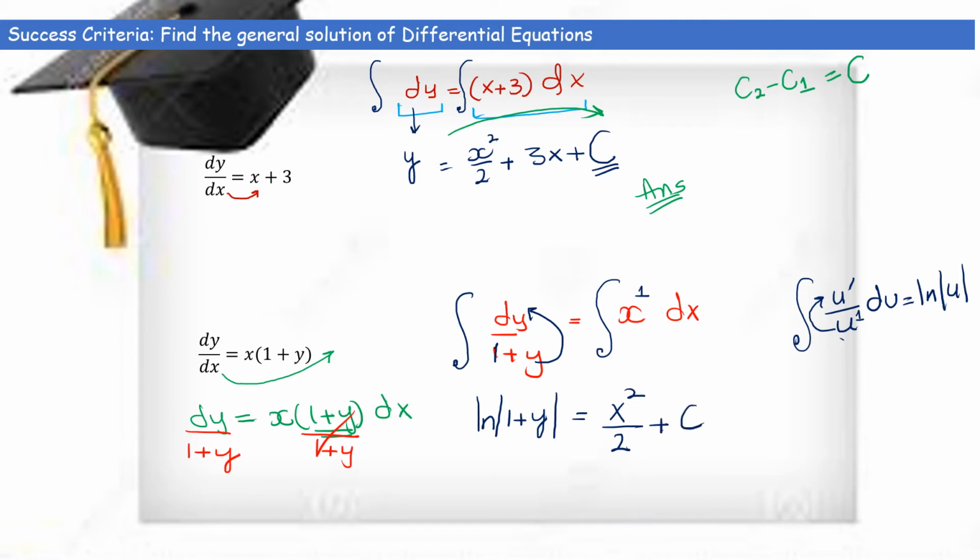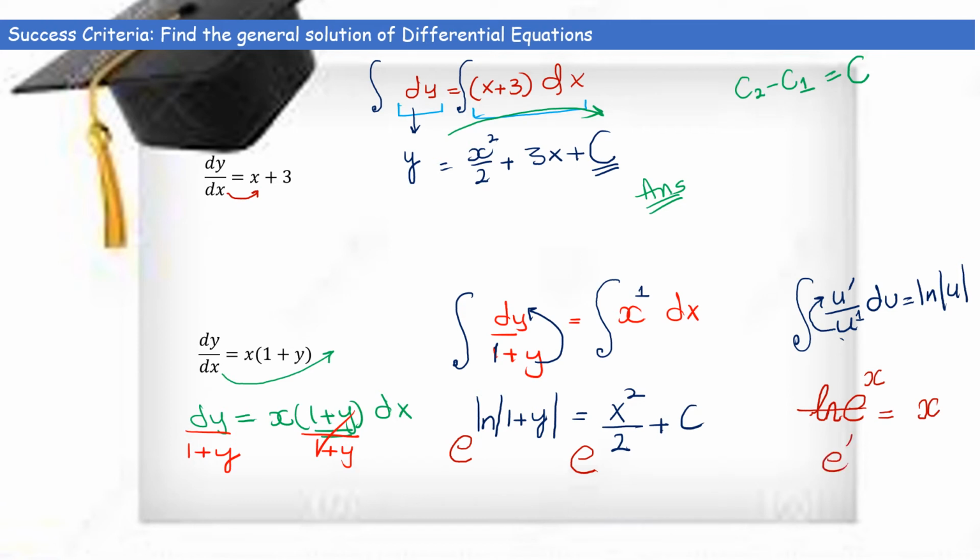Now the question is not only to solve, the question is to find the general solution. It means solve for y. So the question comes, how can I remove the ln? ln can be removed by raising to the power of e, because we know that e and ln are inverses of each other. If it is written ln e to the power x, it would be cancelled. ln and e cancel each other, and the answer is x.